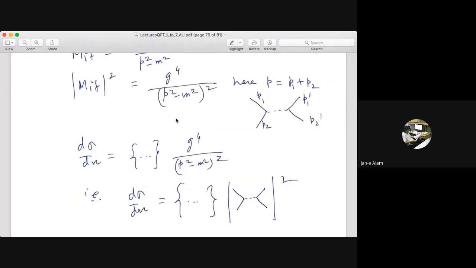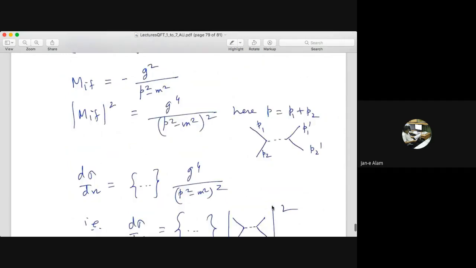Diagrammatically you can write this cross section as this phase space times the modulus square of the Feynman diagram. Actually, this is the M_if square, which is denoted like this. So this is how you can go on drawing the Feynman diagrams.